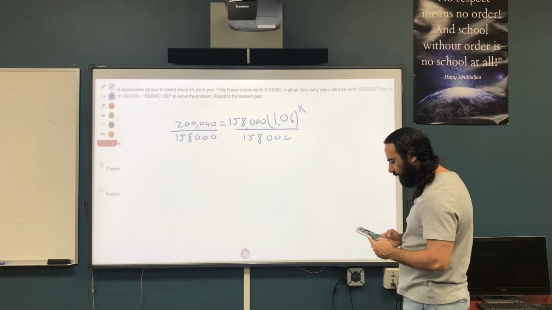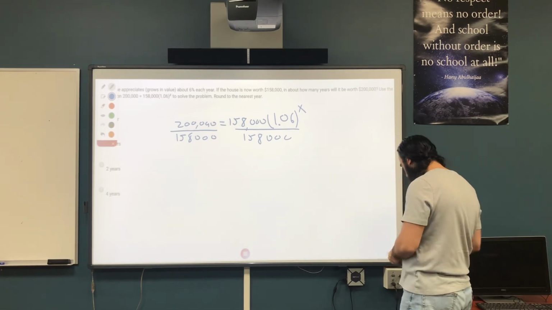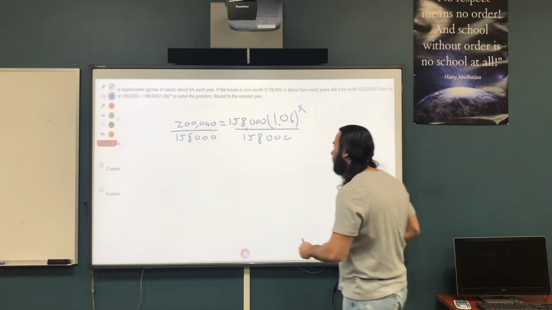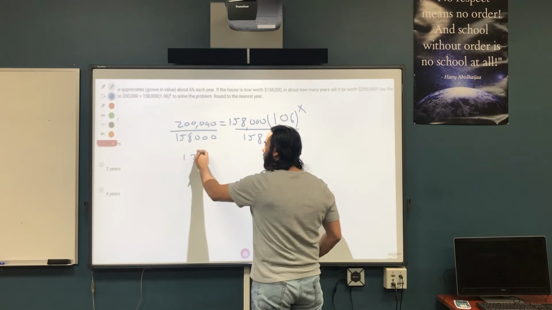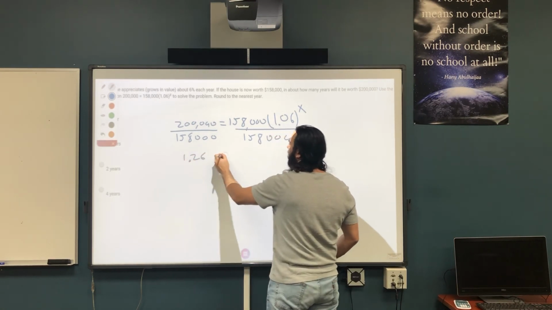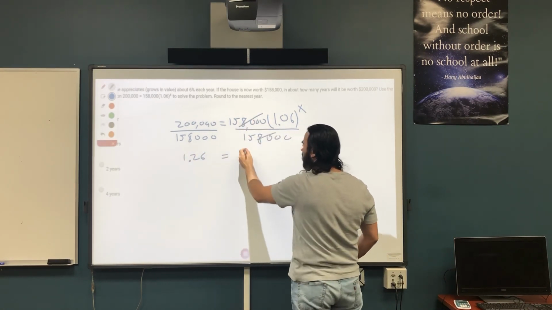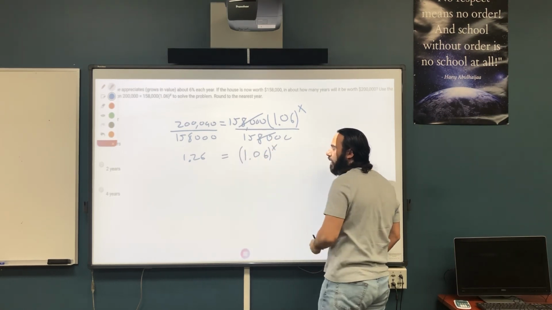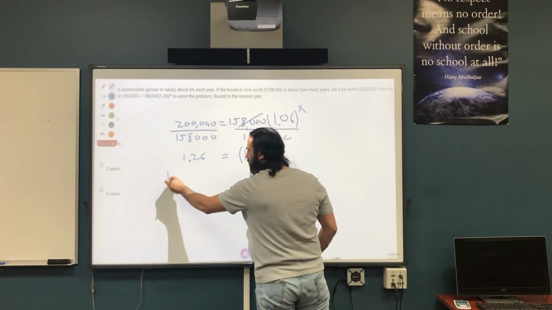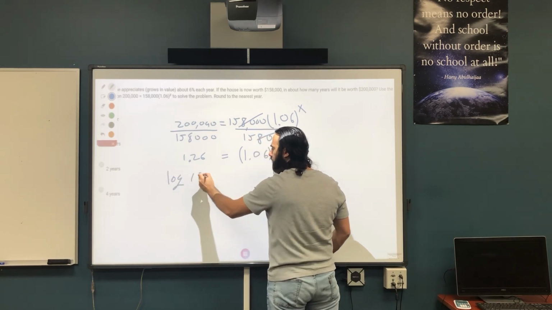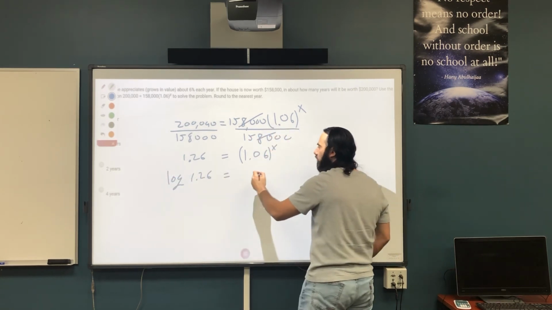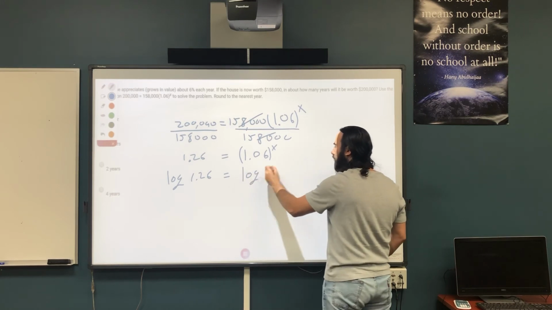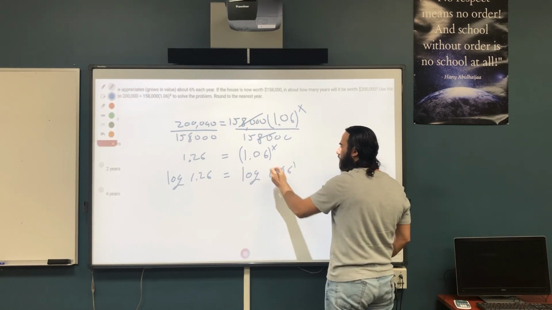It's going to be about 1.26 equals 1.06 to the power of x. Now we put log on both sides, so it's going to be log 1.26 equals log 1.06 to the power of x.